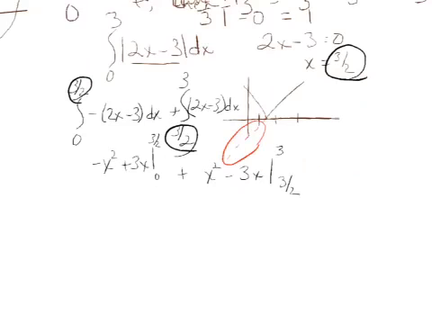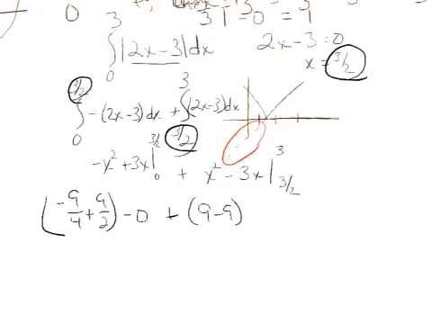So when we plug in 3/2, we get negative 9/4 plus 9/2 minus 0, plus 9 minus 9, minus 9/4 minus 9/2.